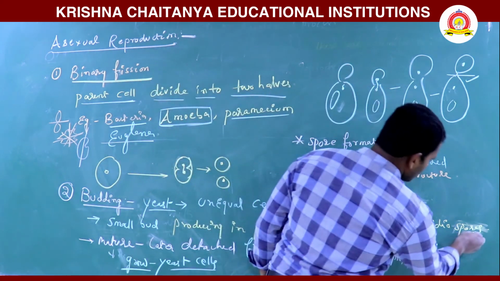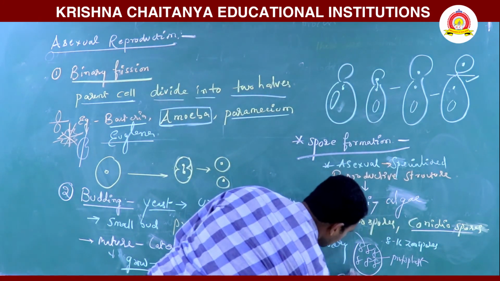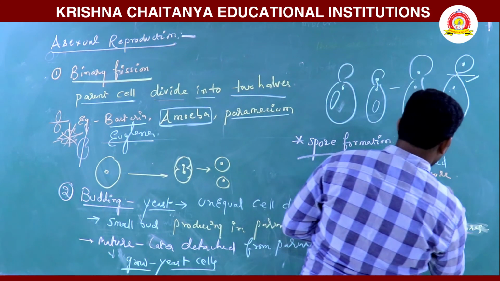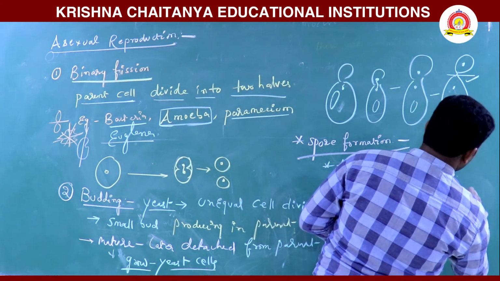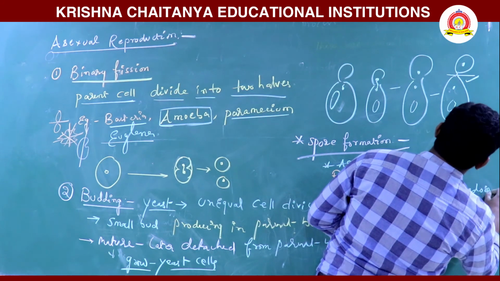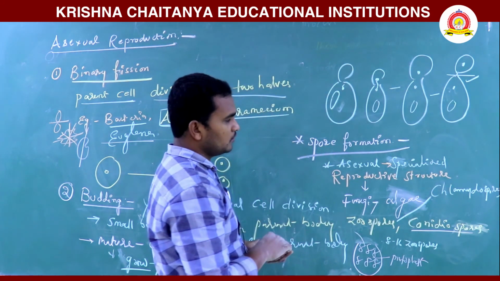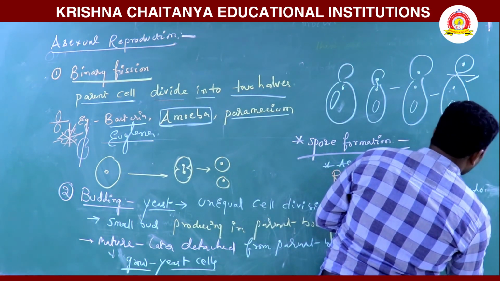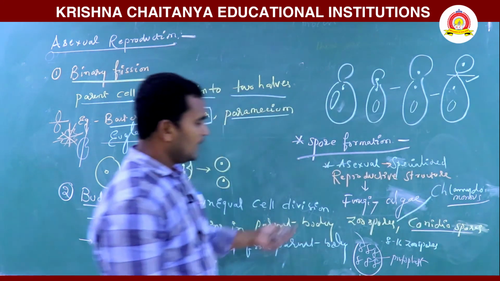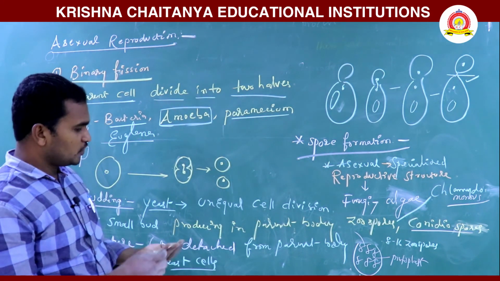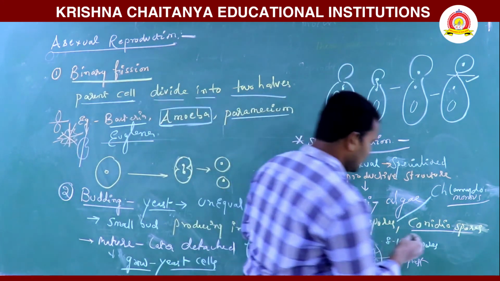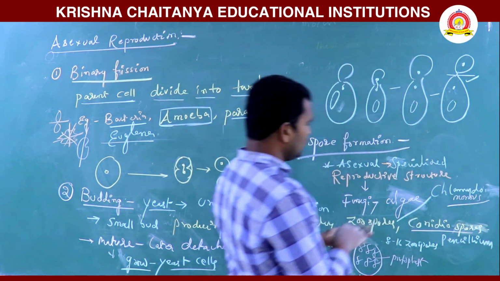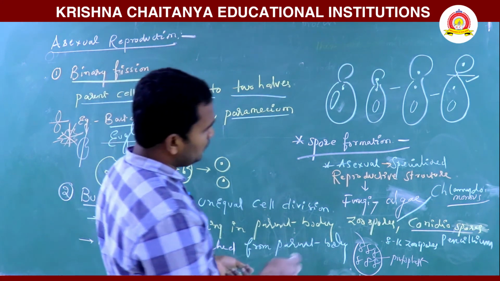The next one is conidiospores. Chlamydomonas is an example for zoospores. Conidiospores we mainly see in Penicillium. See here, these are conidia-like structures.